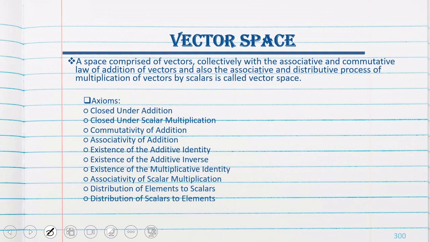This short question is important. What is vector space? That means it is a collection of vectors which satisfies these axioms.